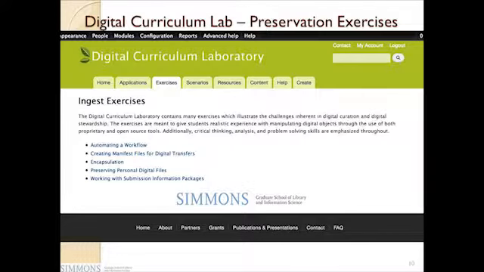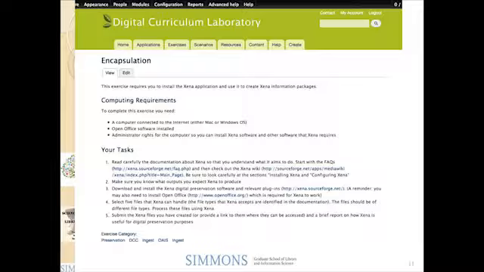And when you get down to the exercise, in this case, this is an encapsulation exercise, and the application they're using is called Xena, which stands for Electronic Normalizing for Archives, and somehow they get Xena out of that.